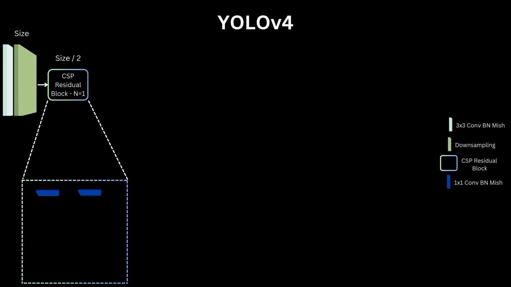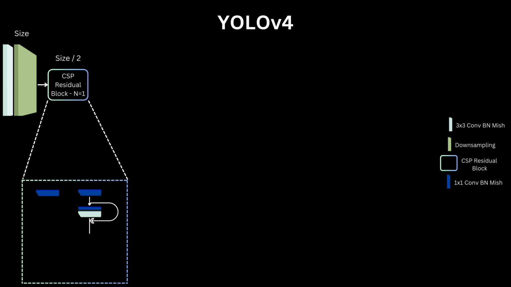Then we have the first CSP residual block. Each CSP residual block has two 1x1 convolution layers with Mish activation. Both of these have the same number of filters, which is half the number of channels present in the input to the CSP block. One of these parts is passed to the series of residual blocks, each having a 1x1 conv layer, followed by a 3x3 conv layer and a residual connection.